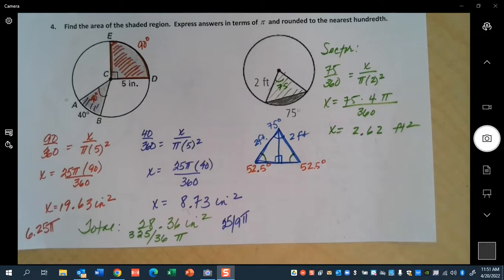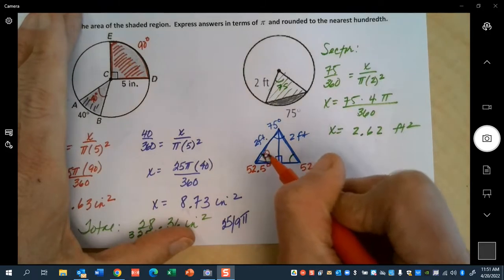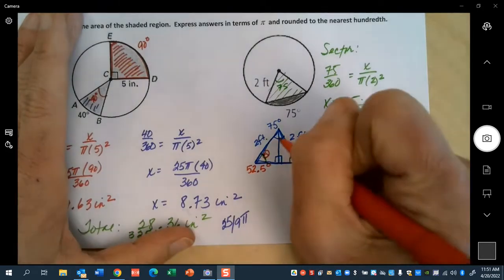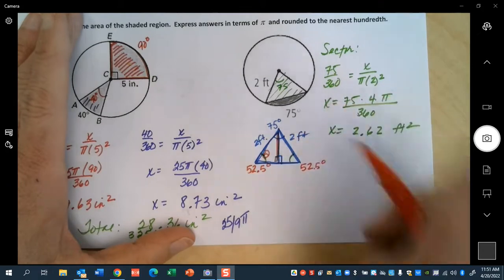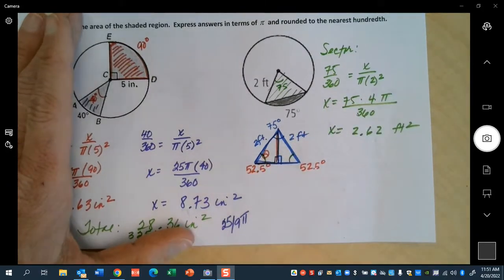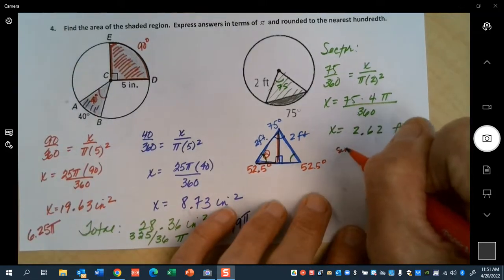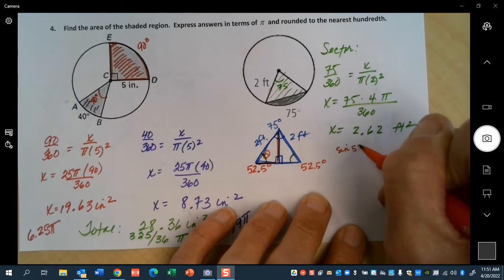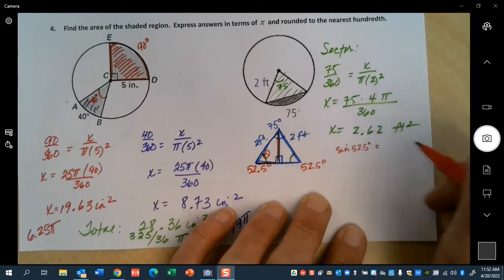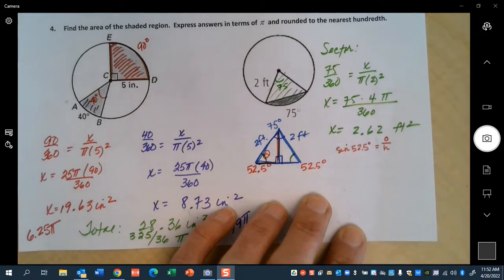I need to find my height of this theta. I need to find my opposite and my adjacent, right? So 2 trig calculations. My sine of a 52.5 degree angle is going to equal my opposite over my hypotenuse.